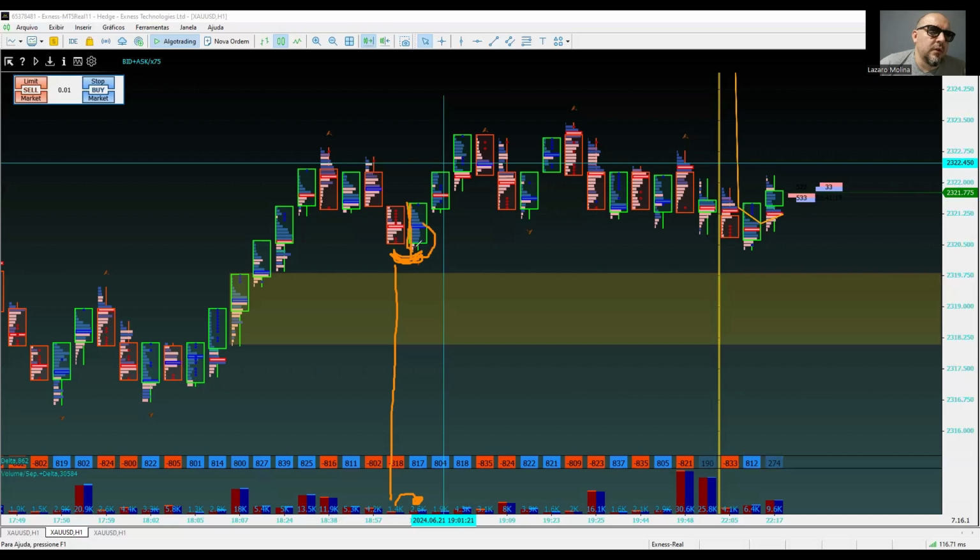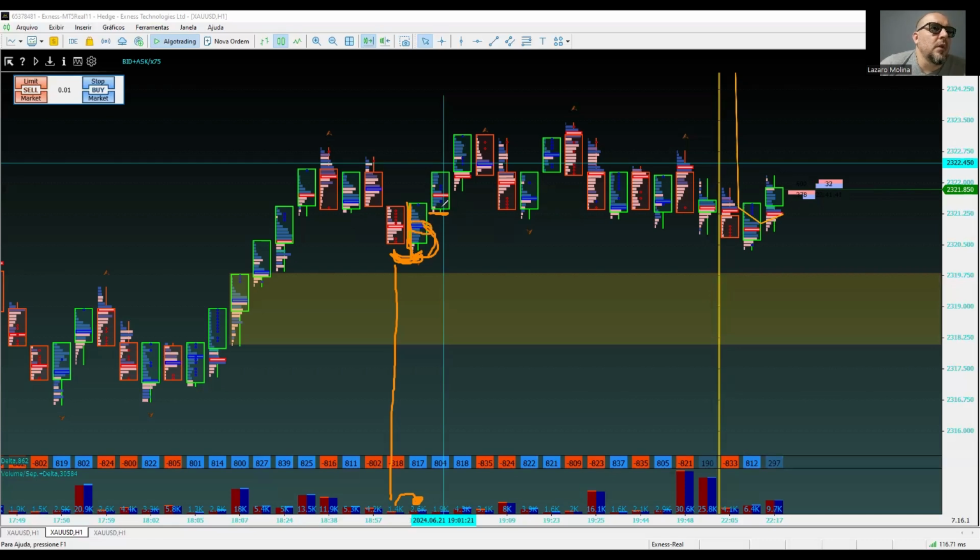This cluster forms with this kind of shape, and the next one you can put the buying trade starting here, 1, 2, 3, 4 levels above the point of control.